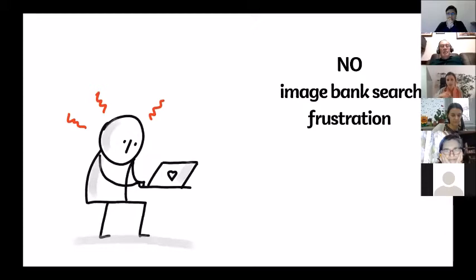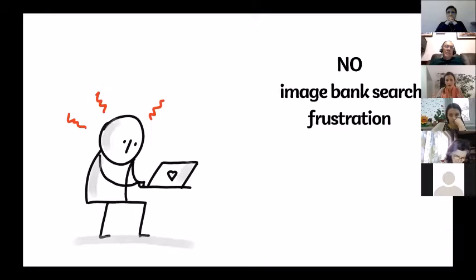Another advantage of using spontaneous hand-drawn images is that we don't need to look in visual data banks. We all know the frustration when we have to illustrate something, searching sometimes minutes and hours for a single image. If we have this skill, we can carry it everywhere with us.